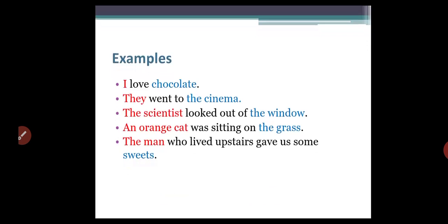The scientist is the subject, the window is the object. But when I ask you to tell me the subject and predicate of the sentence, the scientist is the subject, looked out of the window is the predicate. An orange cat was sitting on the grass. An orange cat is the subject, the grass is the object. The man who lived upstairs gave us some sweets. So the man is the subject and sweets is the object.